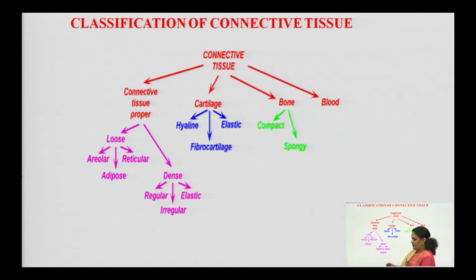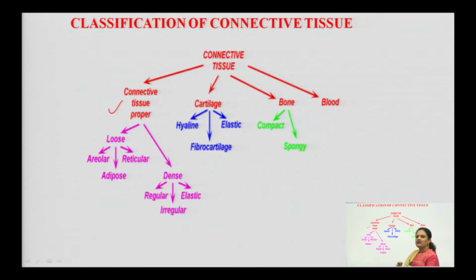Now, coming to individual connective tissues one by one in detail. Coming to the first one, that is connective tissue proper. This connective tissue proper is further divided into 2 types. The first one is the loose connective tissue and the second one is the dense connective tissue. The name is given according to the arrangement of cells.